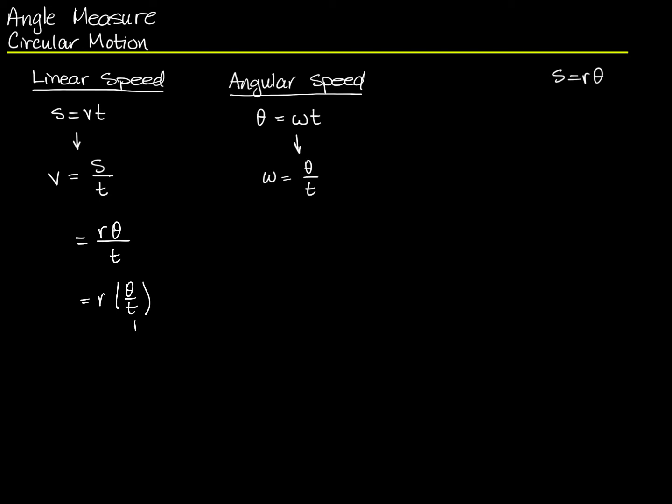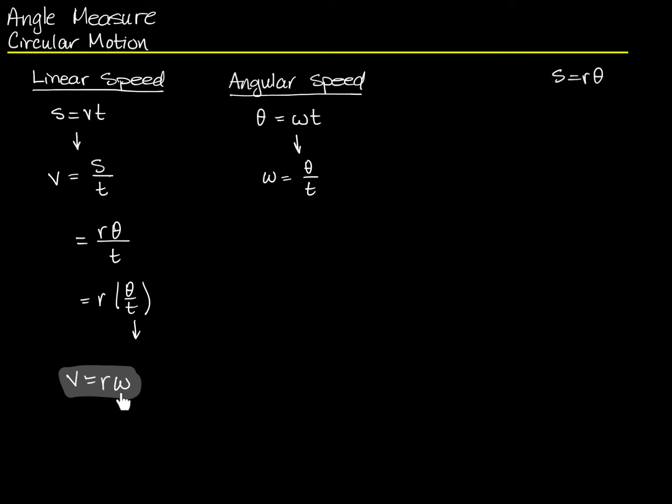So I can replace this with omega. That gives me r times omega. In other words, v is equal to r times omega. The relationship between linear velocity, which is v, and angular velocity, which is omega, is that v is equal to r times omega. Well, that's exactly what we found on the previous screen.